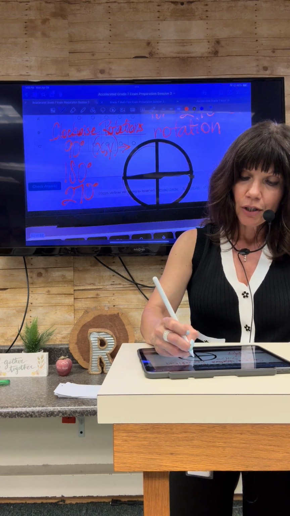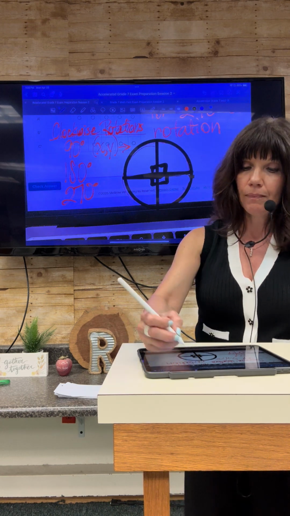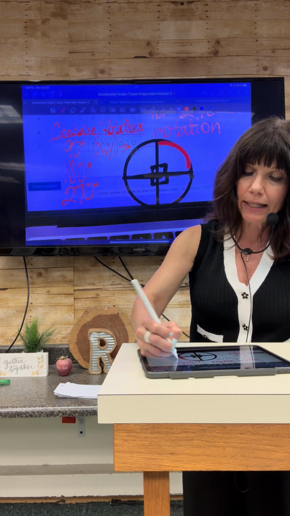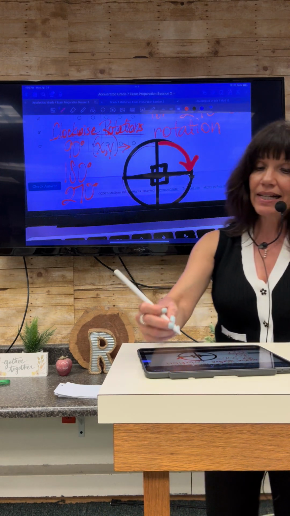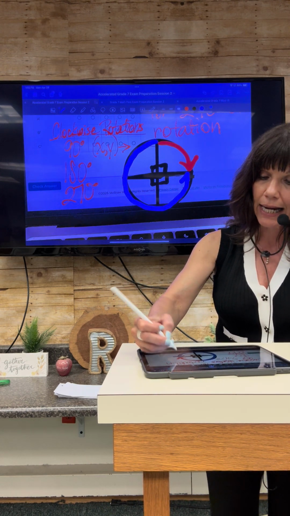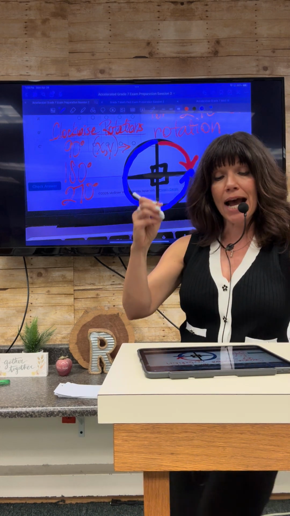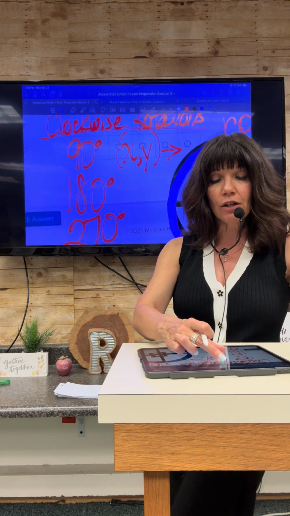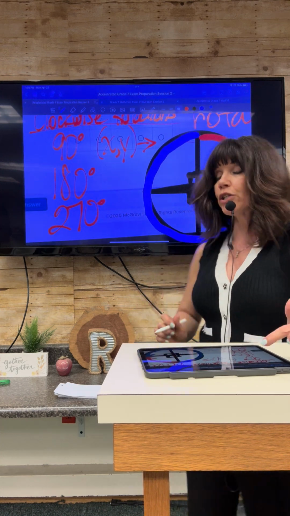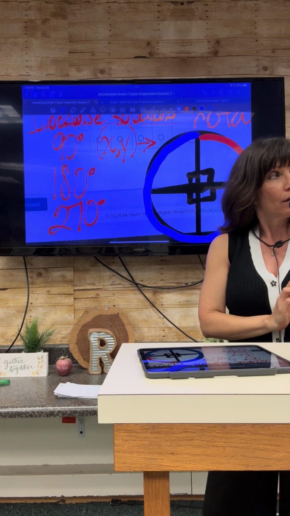If you understand that every single one of these angles is a 90-degree angle, do you see how a 90-degree clockwise is exactly the same as a 270-degree counterclockwise? Okay, so if they ask you 270-degree counterclockwise, which one of these would you use? 90-degree.